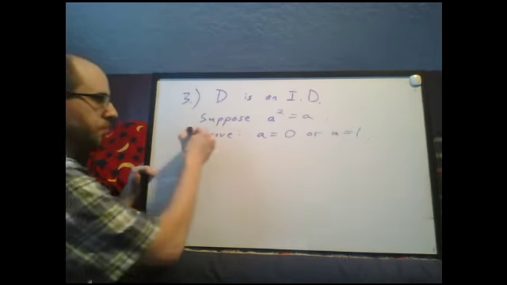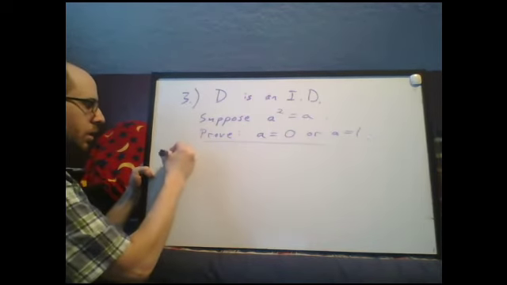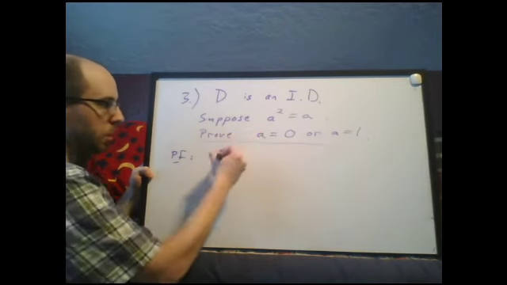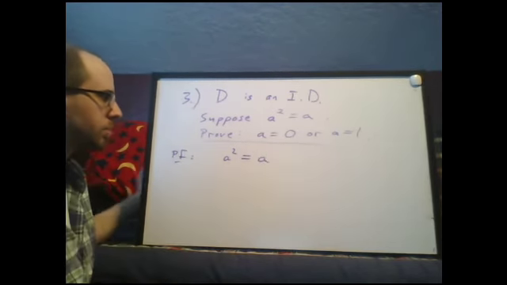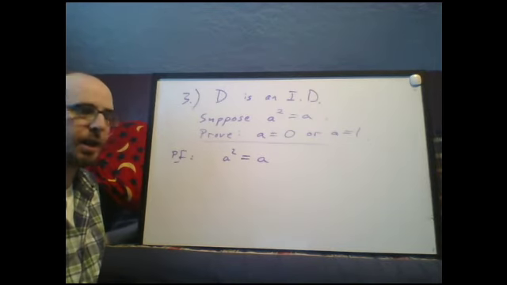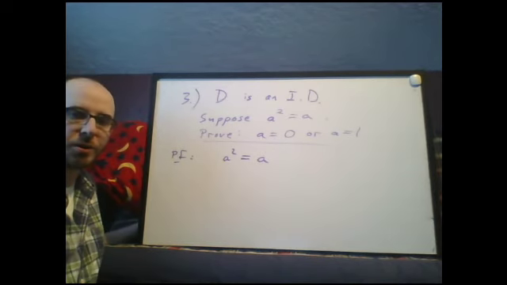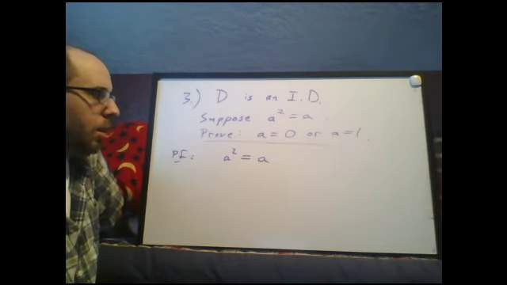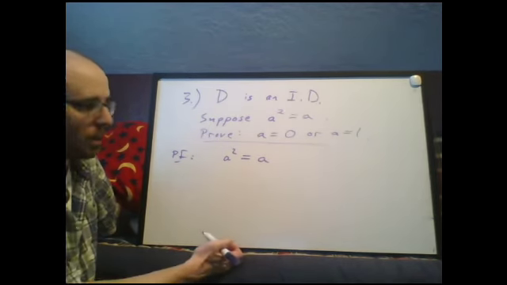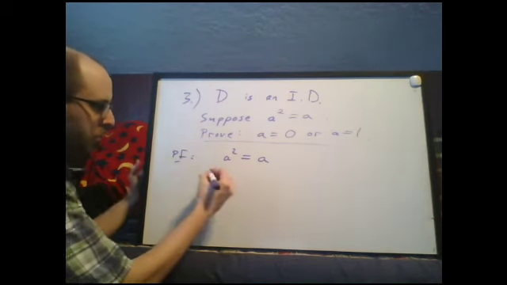So here's our proof. Suppose we've got a squared equals a. I don't have an a inverse. We don't necessarily have inverses under multiplication. What I can do though is subtract a from both sides.